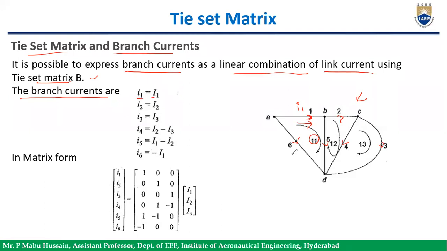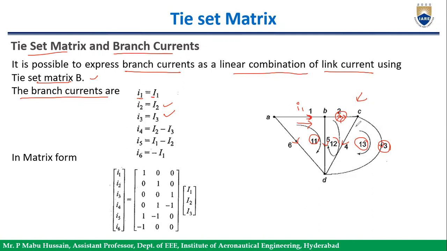For the second branch current, I2 is in the same direction as I2, so I2 will be capital I2. And if you take branch 3, the direction of current through branch 3 will be the same as the loop current I3, so in place of small I3, you can write capital I3 also.